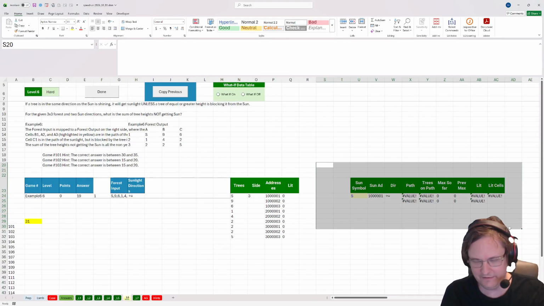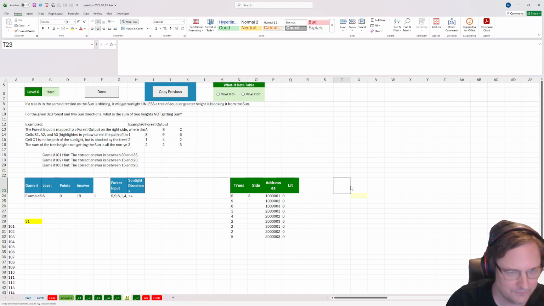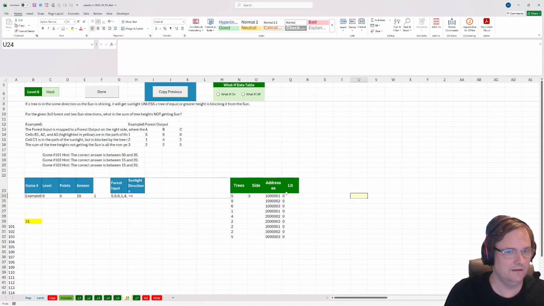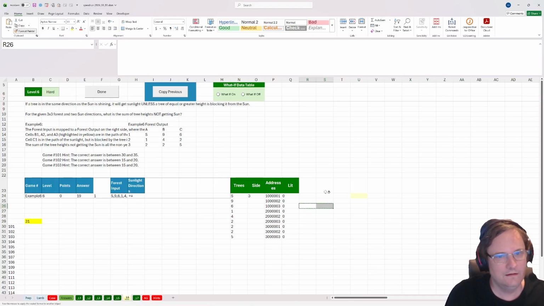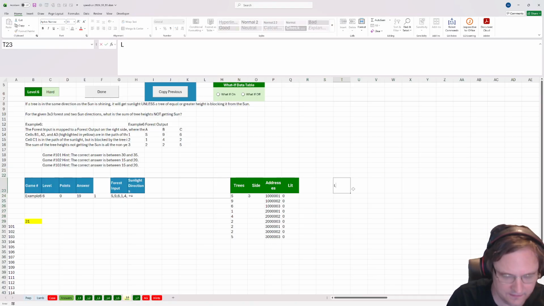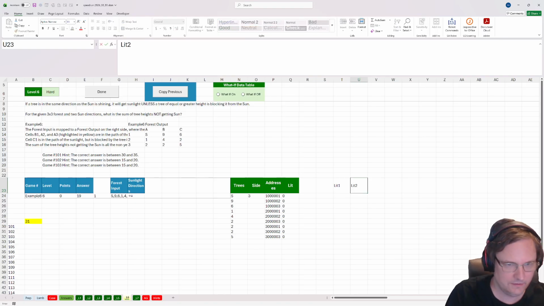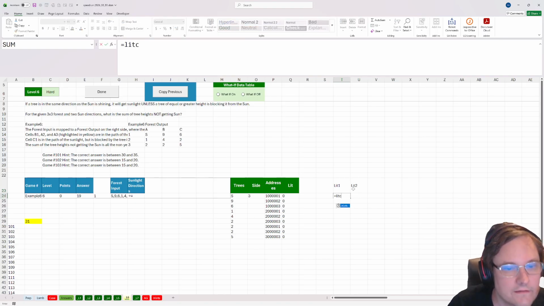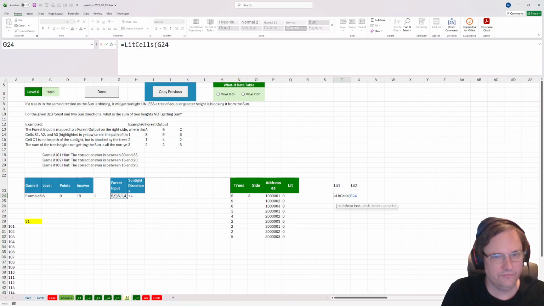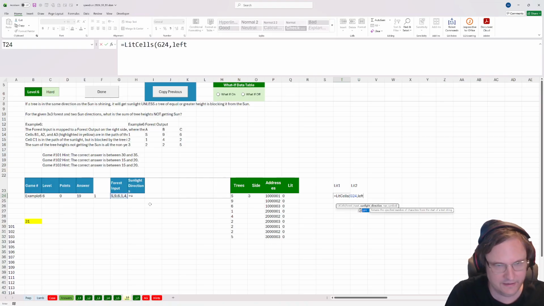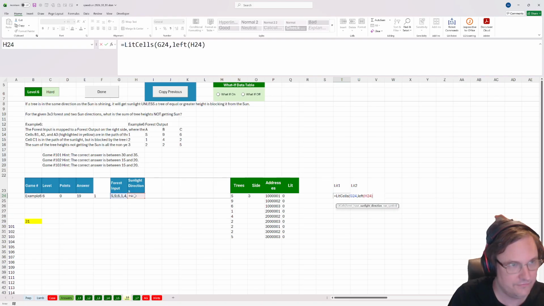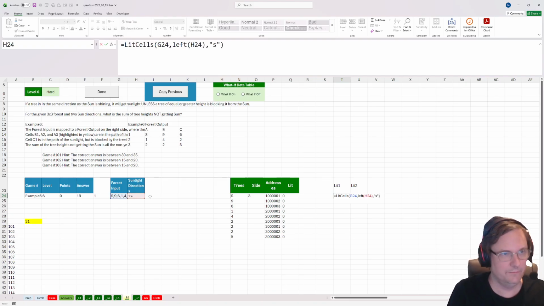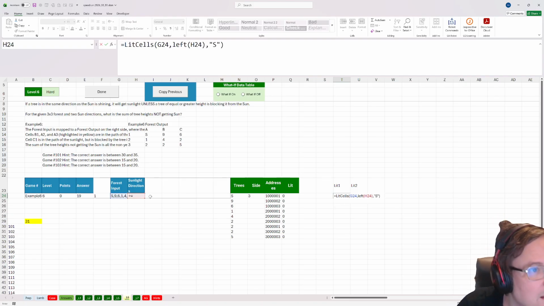So now instead of calculating it, what I'm going to do here, I'm going to use my LAMBDA to calculate it. Get rid of that. Is what is, lit 1 and lit 2 is lit cells with this forest input. The left of this for this direction, the sun symbol is S in this level.